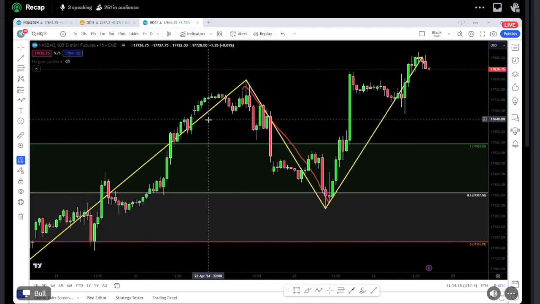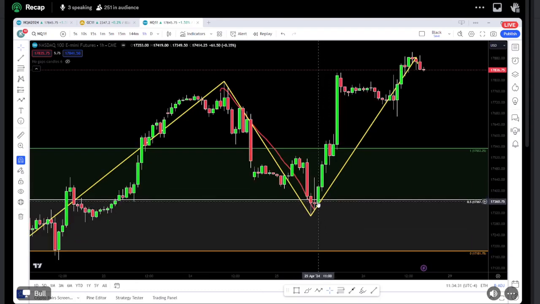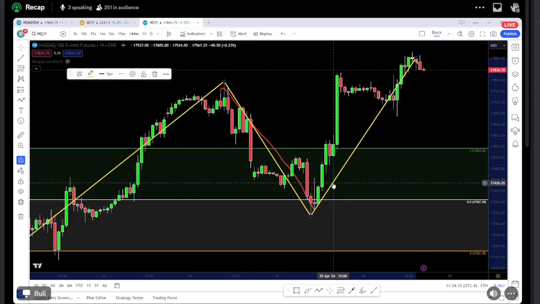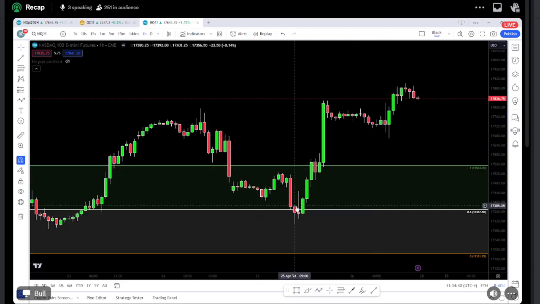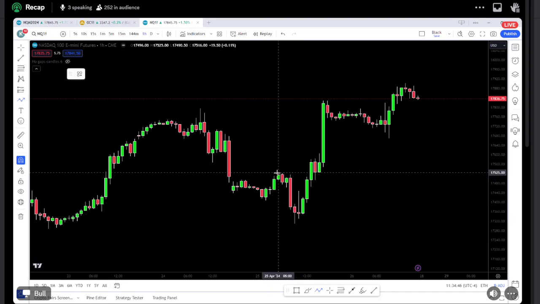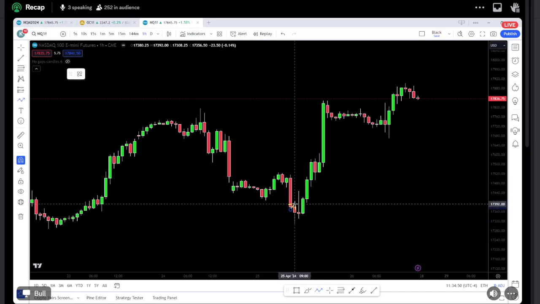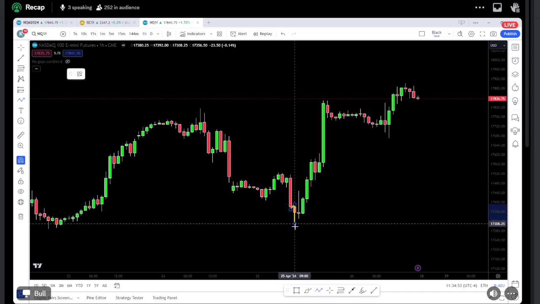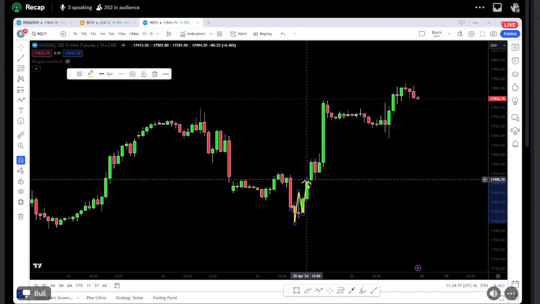Now, if we look at this on a lower time frame, what you'd see would be the same sort of fractality, right? If we look at the candlesticks, and we'll go over candlesticks a little bit more in the future, but consider what you see in here on a smaller time frame than the hourly that we're on. We get a high here, put in a low, put in a high, put in a low here, a high here, came down, came up, came back into the range, and then left.